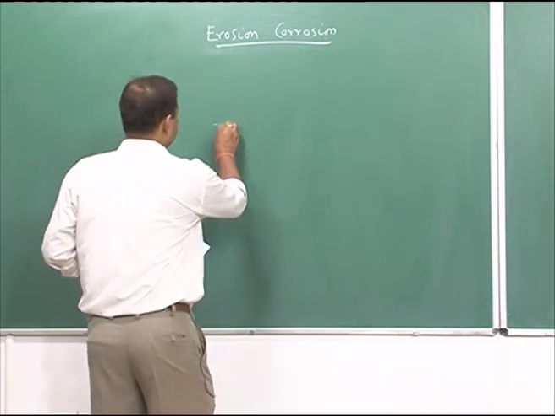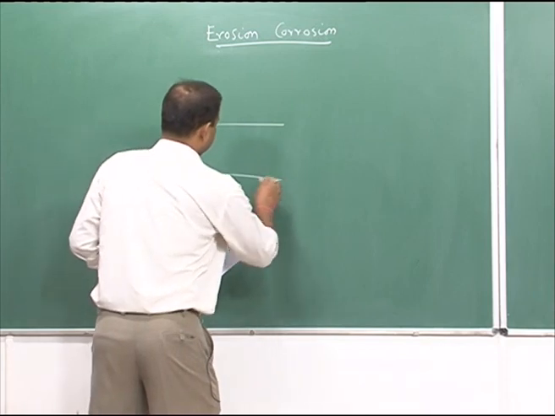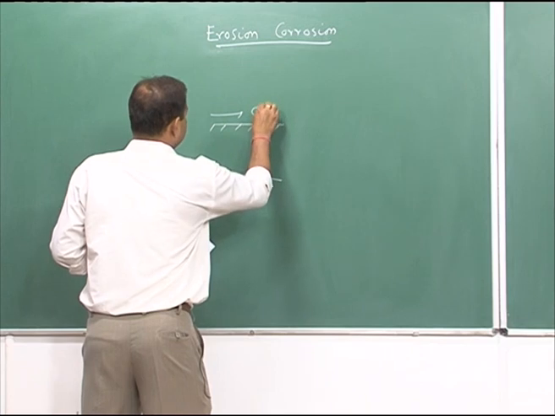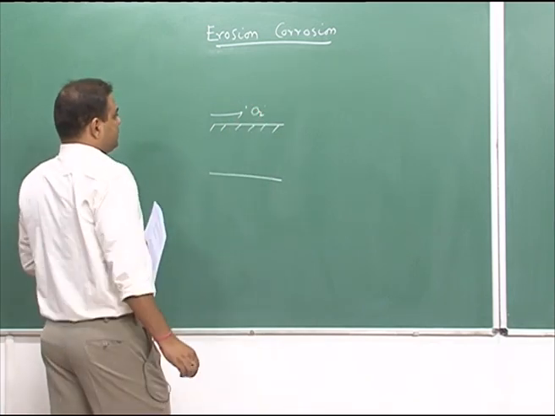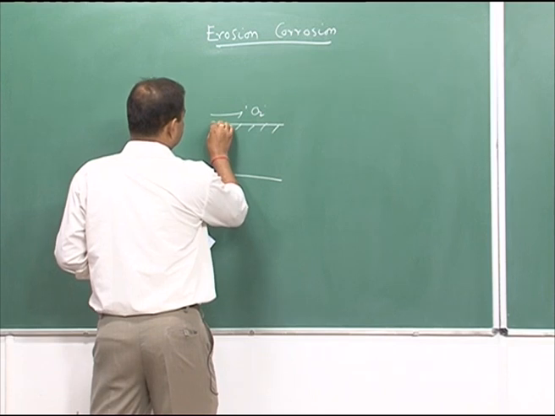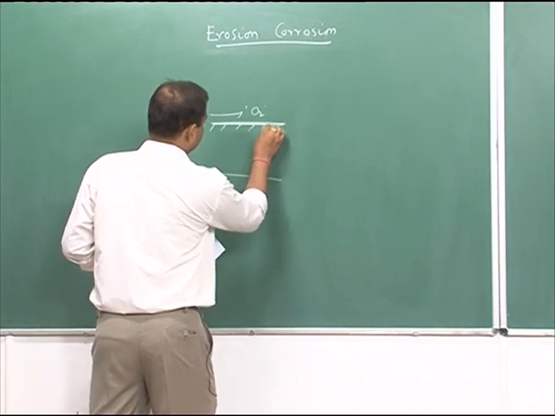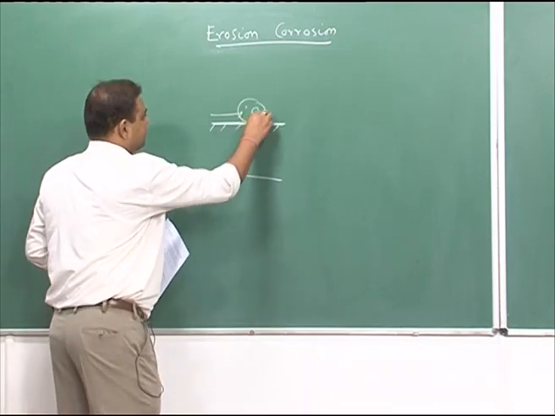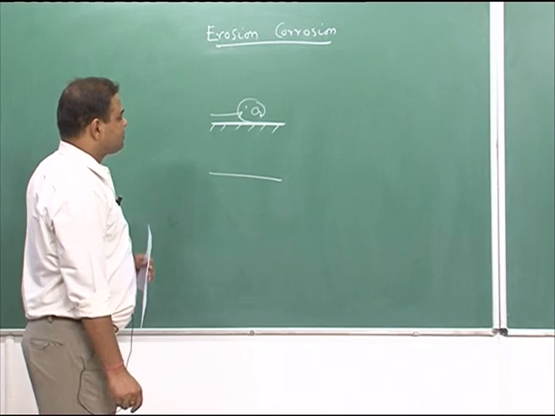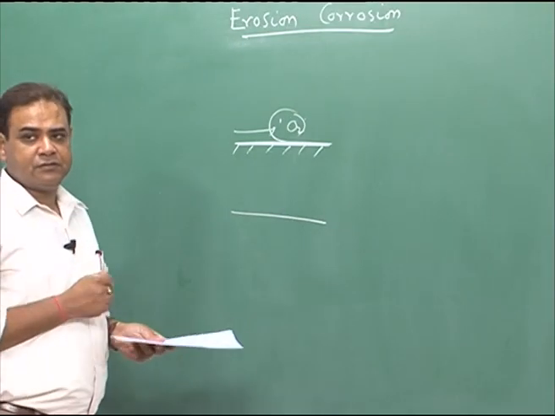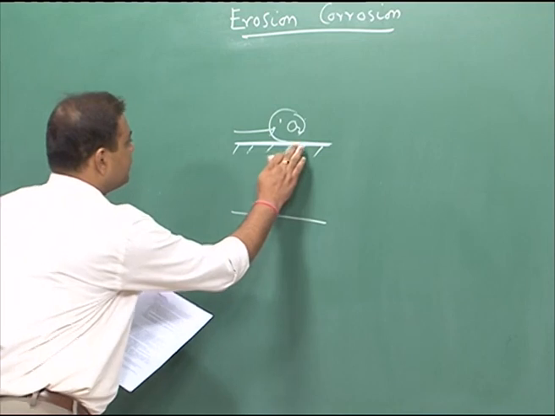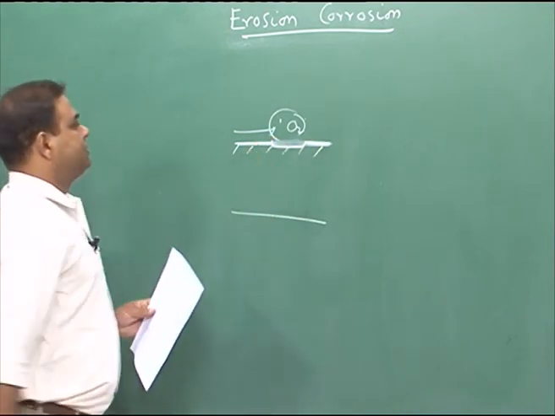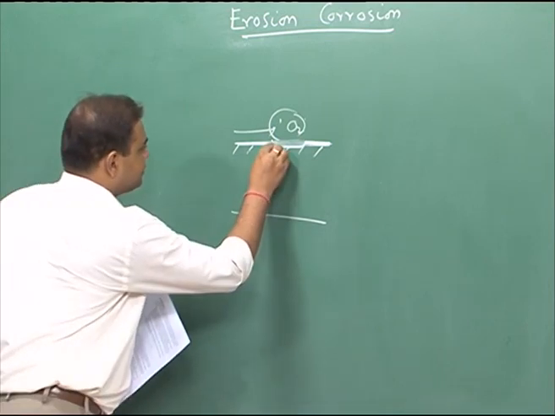Let us say a metal surface, this is my metal surface, and if oxygen gas flows, at that time there could be a thin oxide layer formation, but due to this high-velocity gas, and if the oxide layer is not that adherent to the surface, locally some of the oxide layer could get damaged, until it forms another oxide layer.